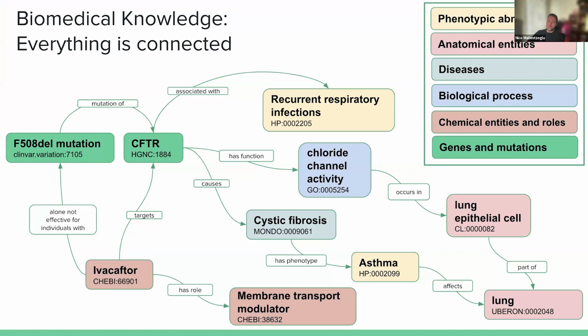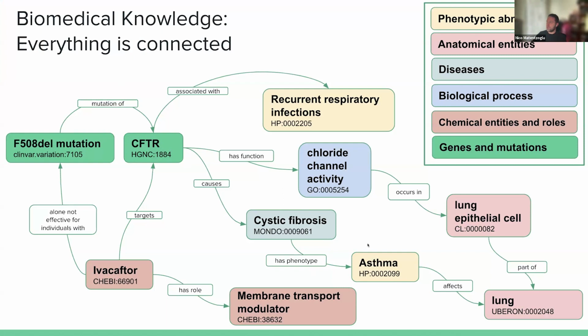Those of you that have seen me give presentations before, I like to start with a slide that shows this idea that in the biomedical domain, everything is an entity and everything is connected with each other. This slide has been shown in many other contexts as well. You can see we have some genes, and genes cause diseases.